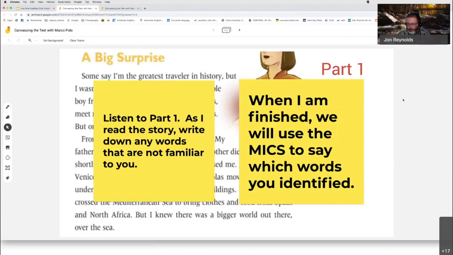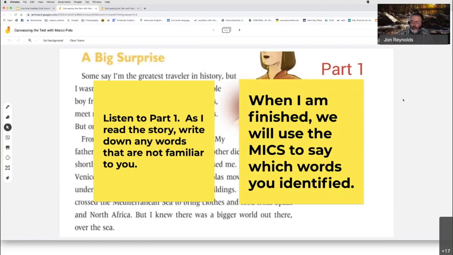Do we understand? And as you're listening, if you see a word you don't know, write it on your paper. Very simple. When I am finished reading, I will ask students to tell me which words you wrote down.